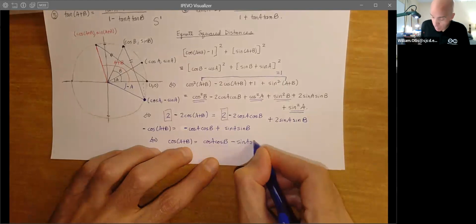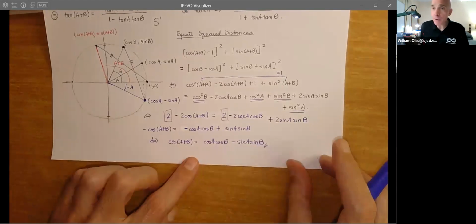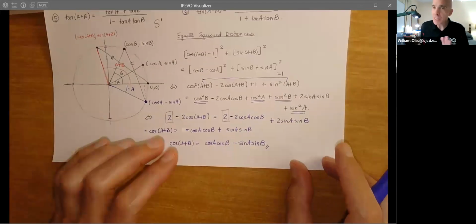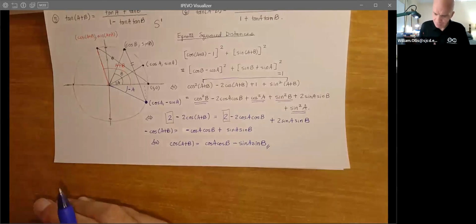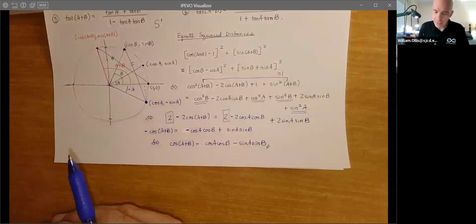Now, what's nice about this proof here is that it's not very difficult. It reminds us of the law of cosines. We have to set up some geometry to organize our thoughts, but then the procedure is very algebraic. Again, there are always several ways to go about proving things.